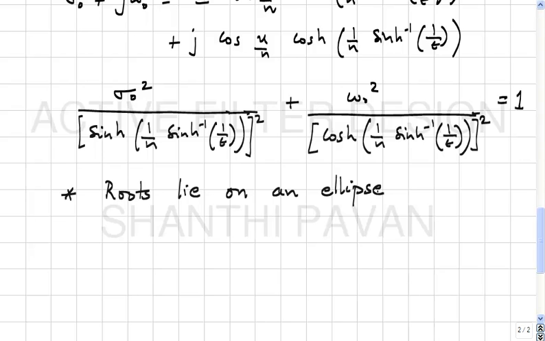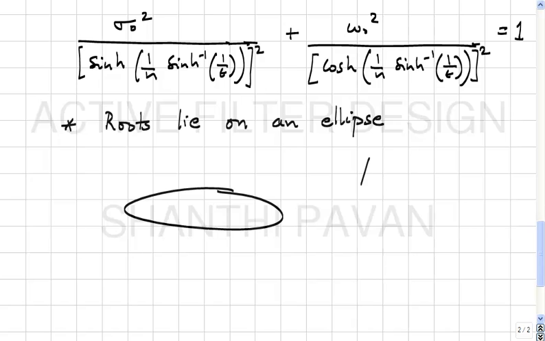All right. And which is larger, sin hyperbolic of 1 by n blah blah or cos hyperbolic of 1 by n blah blah? Cos hyperbolic. So will this be a long skinny ellipse or a short fat ellipse? I mean, it could be anything, but what will it be? The question I was asking was, will the ellipse look like this or will it look like this?